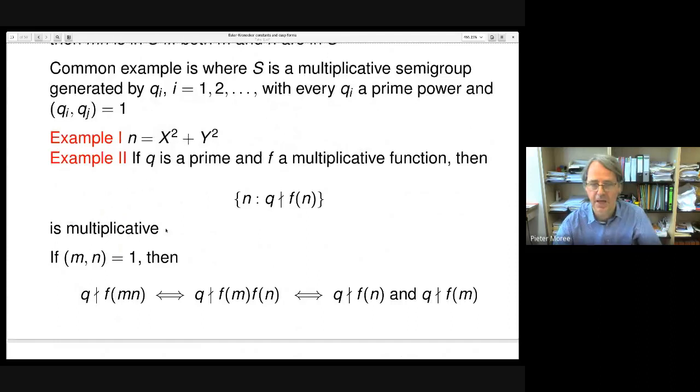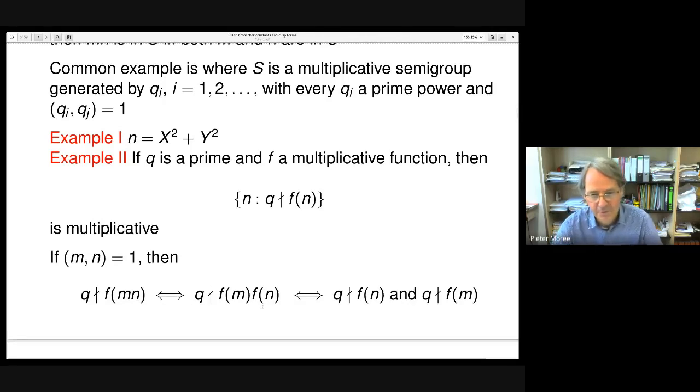And another one creates an enormous set of examples, namely, we take any multiplicative function f and any prime q, and we look at the set of integers m such that f of m is not divisible by q. Since every talk has to contain at least one proof, here comes the proof. Let's look at the non-divisibility of the multiplicative function f of m times n by q.